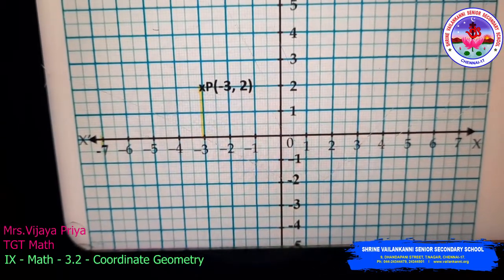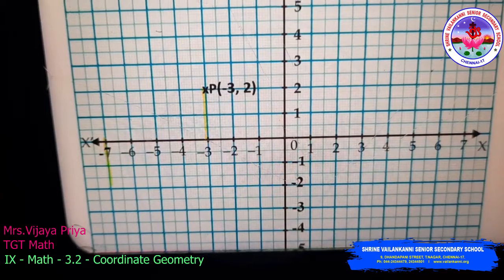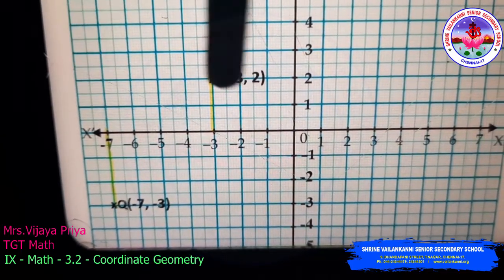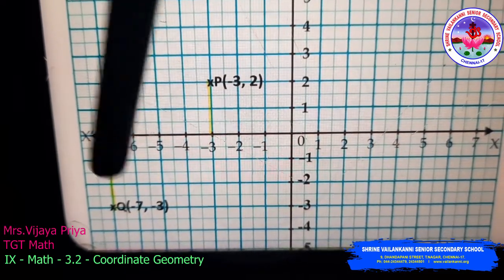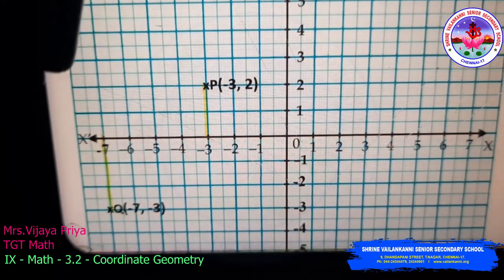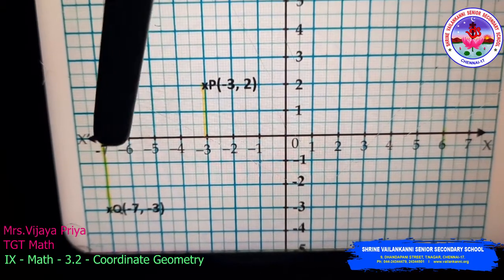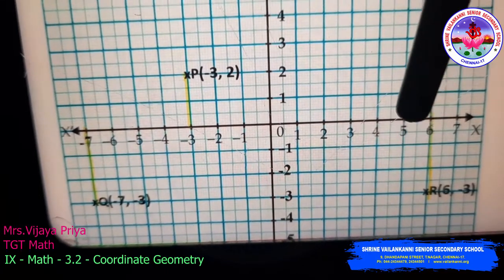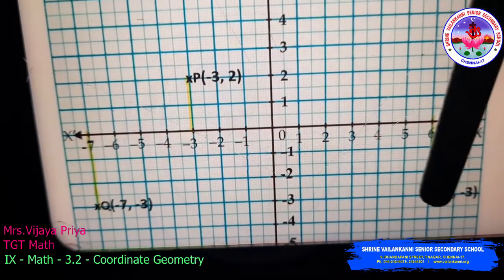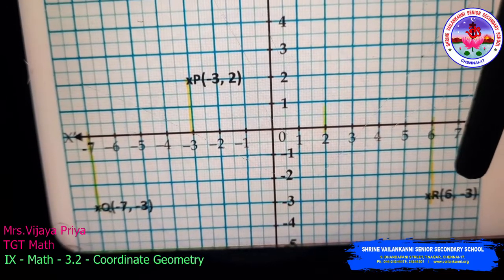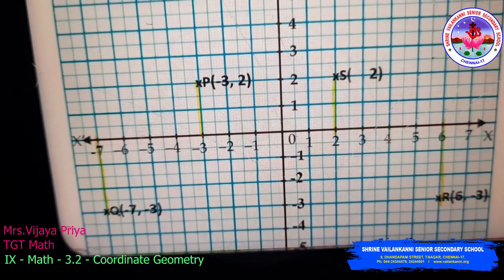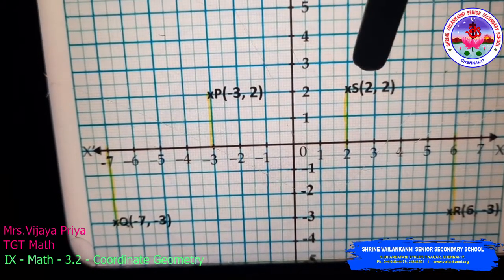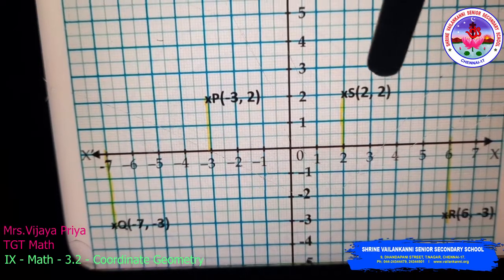Now coming to the next point Q, my coordinate is (-7, -3), where the intersection point is Q. Now going to the point R, (6, -3), x-axis is 6, y-axis is -3. Now going to the S point, (2, 2), x-axis is 2, y-axis is 2. So my intersection point is (2, 2).